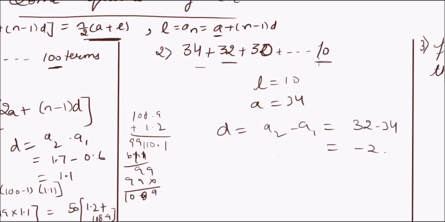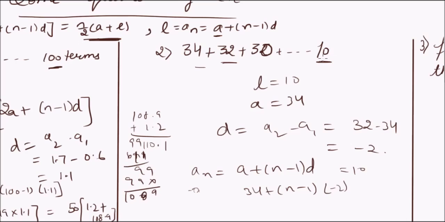Let this term be the nth term of the given progression. Thus an is a plus (n minus 1) into d, which is 10. A here is 34 and d is minus 2.